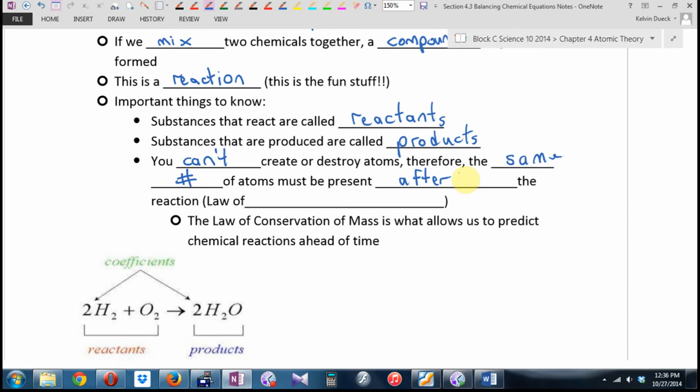This is called the law of what? Conservation. Conservation is a fancy science term. We talk about the law of conservation of energy. We talk about the law of conservation of momentum in physics. Here, conservation means whatever you started with, you end up with. You neither end up with more or less. So this is the law of conservation.